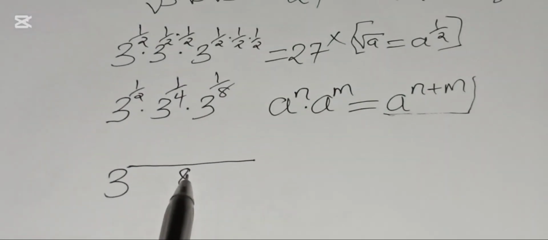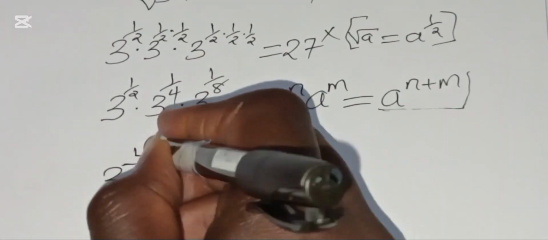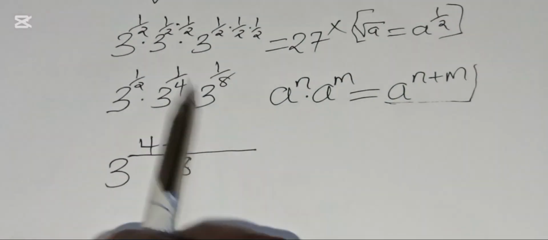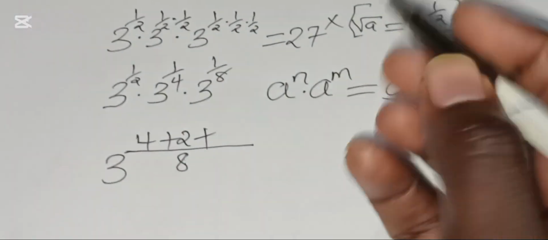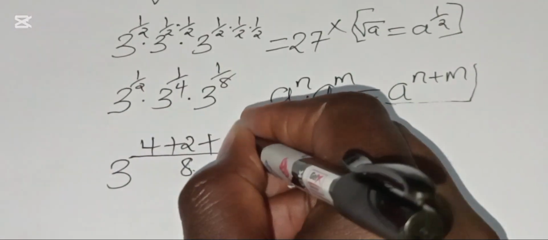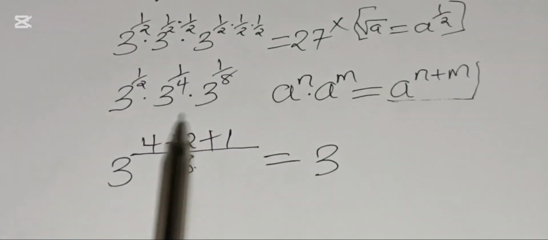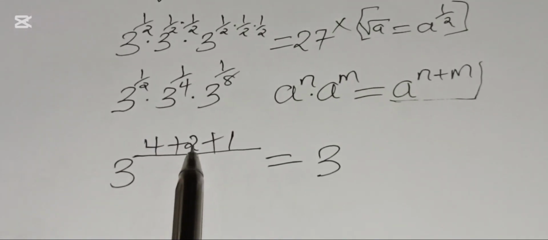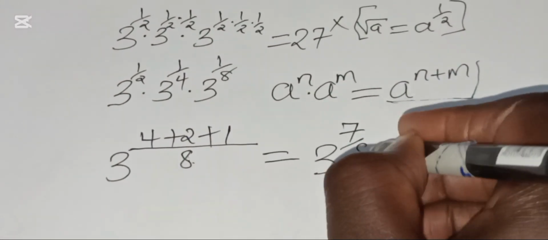So 8 divided by 2 is 4, 4 times 1 is 4, plus 8 divided by 4 is 2, 2 times 1 is 2, plus 8 divided by 8 is 1, 1 times 1 is 1. So we're going to have 3 raised to power 4 plus 2, which is 6, 6 plus 1, this is 7, so we're going to have 7 over 8.